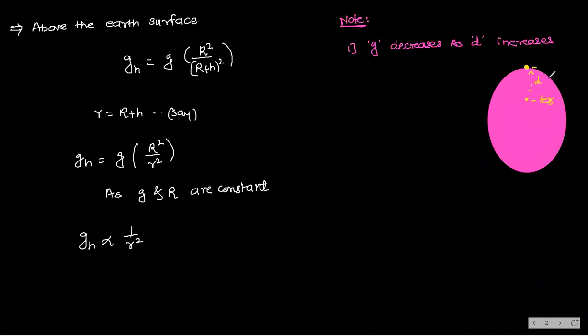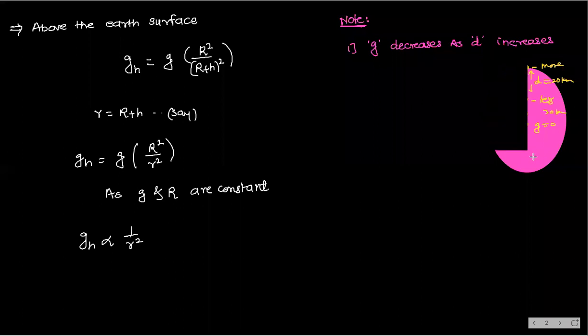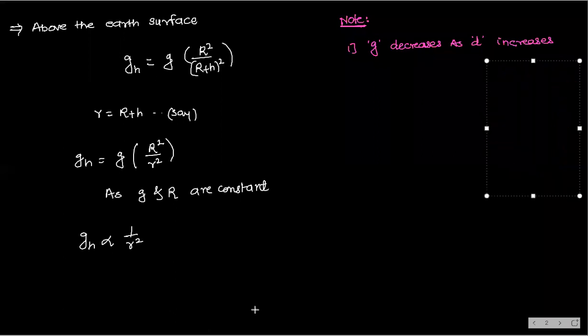So that's why it says G decreases as D increases. Suppose D is here 20 kilometer. Somewhere here it is 30 kilometer. As you are increasing D, your gravity will decrease and at the center it will become 0 only. Yes or no? Clear? Very good.